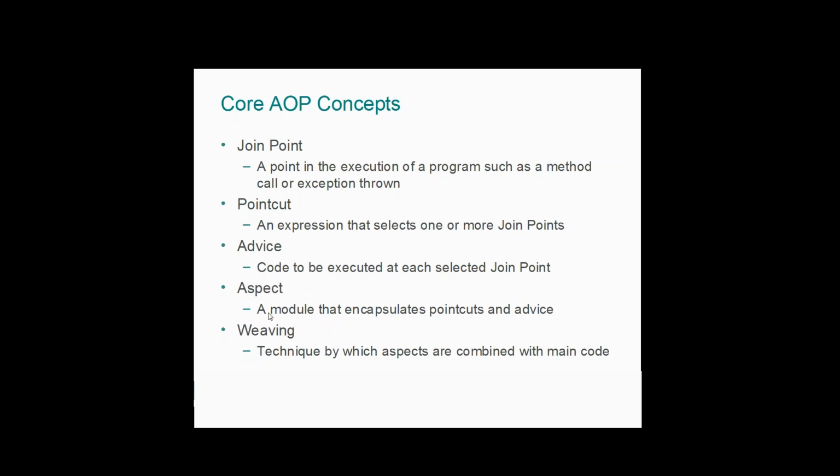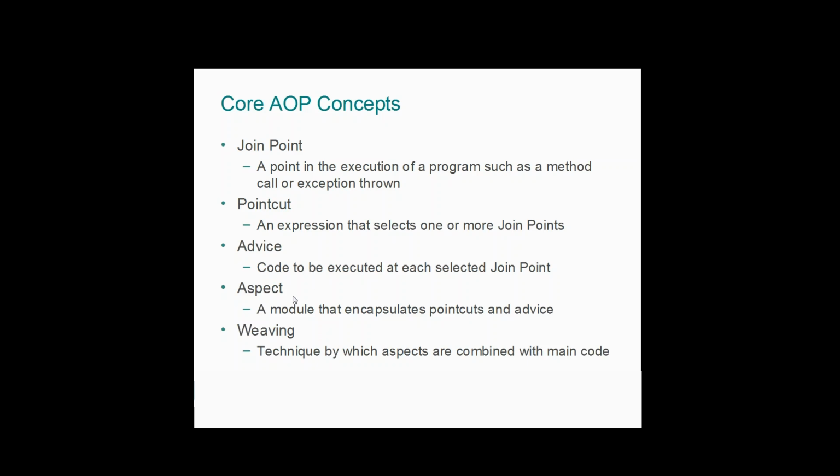So an aspect is a module that encapsulates the pointcut expression and advice. All those things together, the pointcut expression bound to an advice method, I call an aspect. Weaving is a technique by which aspects are combined with the main code. In case of Spring, I use a Spring proxy object or dynamic proxy way of weaving.